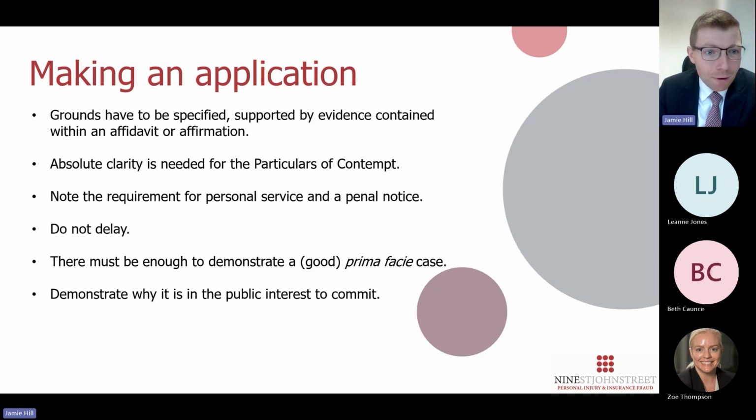So if you think, I want to bring contempt of court proceedings, take some advice and get on with it sooner rather than later. Particularly given the burden of proof and the standard of proof, there's got to be enough to demonstrate a good prima facie case, and there needs to be something within the application to demonstrate why it's in the public interest for the alleged contemnor to be committed for contempt of court.